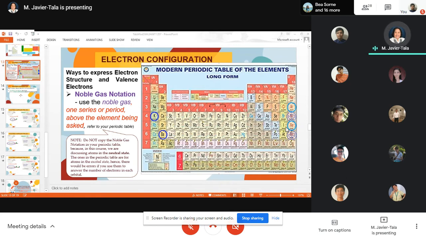If you copy that, you will have a wrong answer if you are asked for the number of valence electrons and the number of electrons in each orbital. That's why you should still follow the noble gas notation, which is equivalent to the electron distribution or an abbreviated electron configuration.